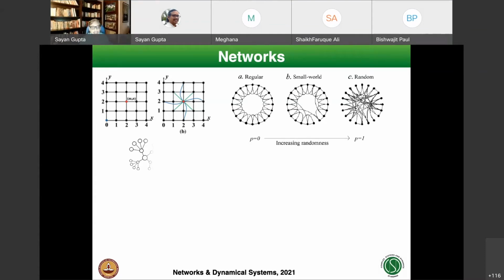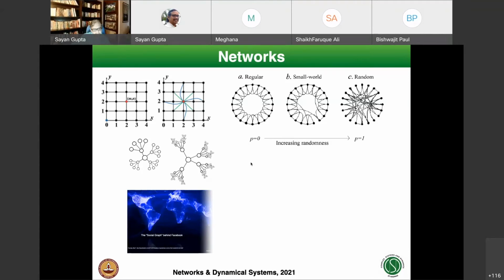And then in real life situations, it was found that not all connections are formed equally. When you have these connections, you form clusters. But in real life situations, you observe certain nodes where there are a large number of connections, but a large number of nodes with very few connections. So these are called scale-free networks.